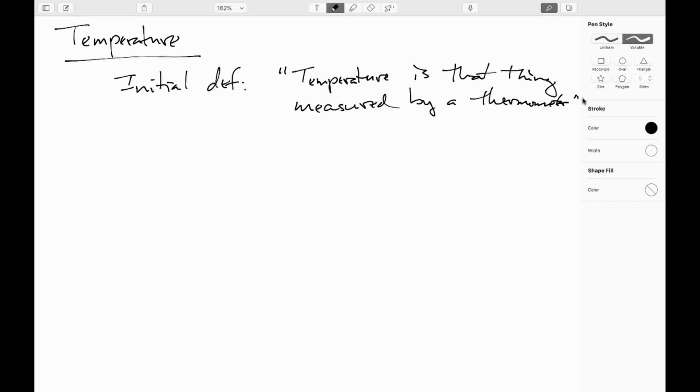When we take that definition, we'll use that to start to think about setting up temperature scales, and then eventually we will connect it all to thermal energy.